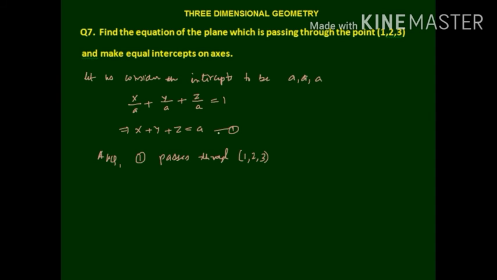Now if this plane is passing through this point, it will be satisfying that. So you put the respective values of x, y, z to determine what A equals. So A equal to 6. So what is the ultimate equation of the plane? This is equal to x plus y plus z equal to 6. Great. So I hope you can easily correlate and you can understand this, right? So move on to the next question.